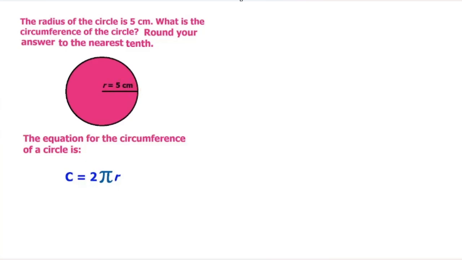So the equation for the circumference of a circle is C, which stands for circumference, equals 2 times pi times the radius. So you might be asking yourself, what's pi? Pi is a number. We usually use 3.14 as an approximation for pi.